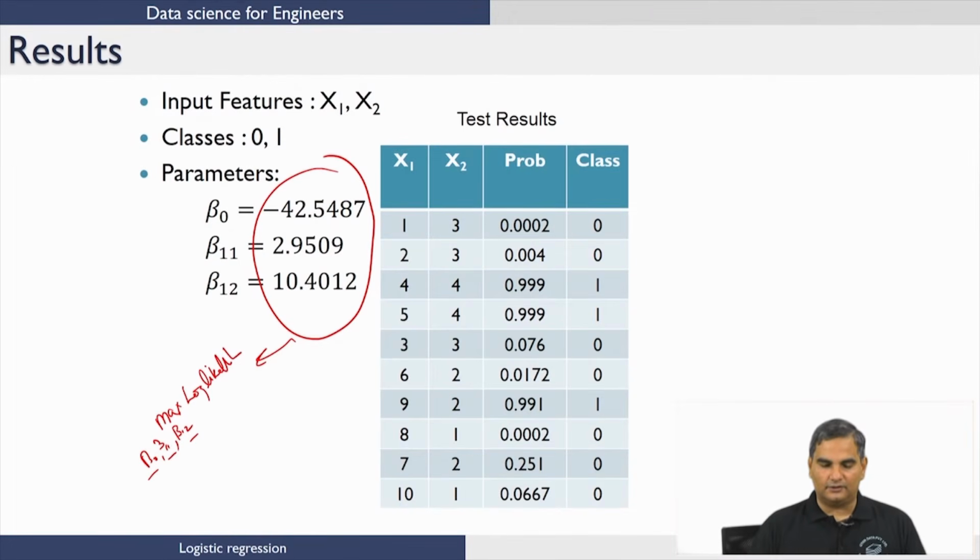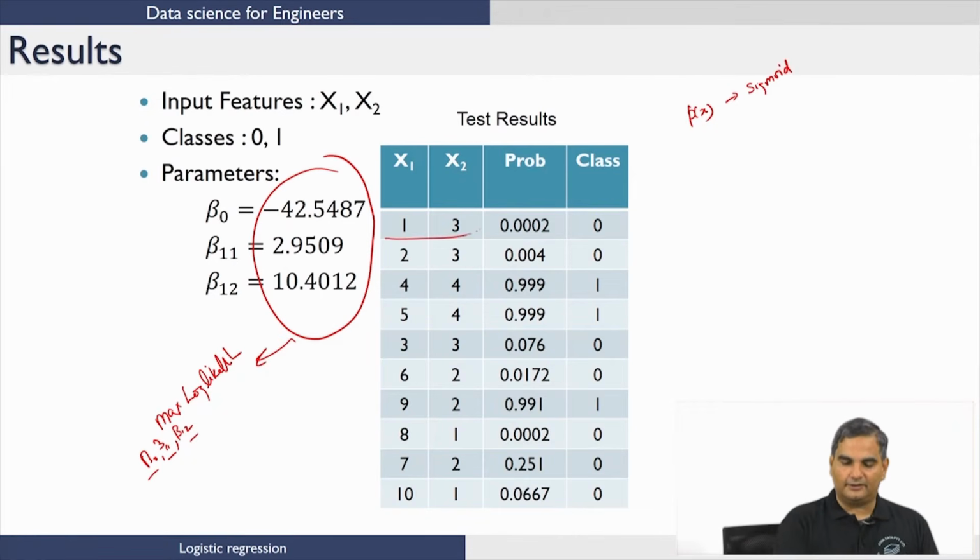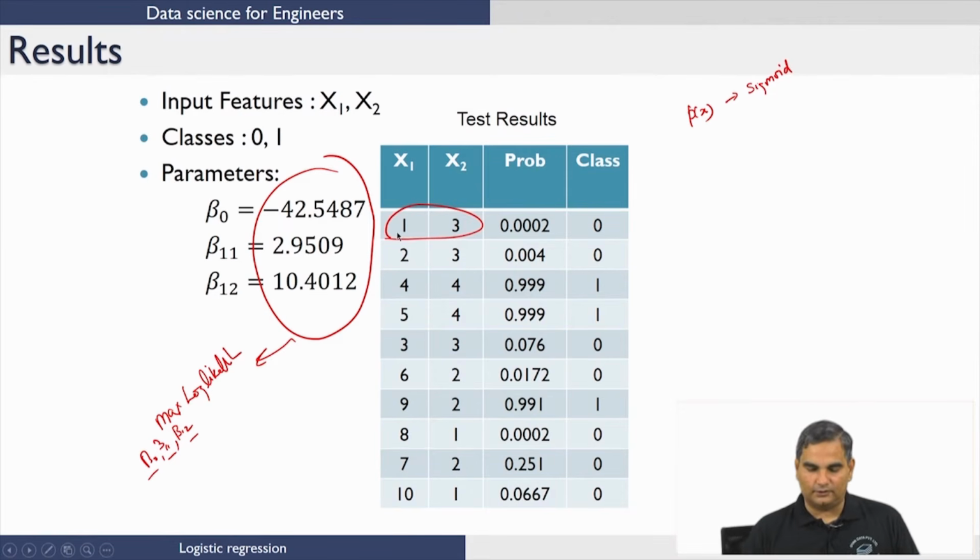Now, once you have this, you have your expression for p of x, as written before, the sigmoid. So, this is a sigmoidal function that we have been talking about. Whenever you get a test data point, let us say 1 3, you plug this into the sigmoidal function and you get a probability.